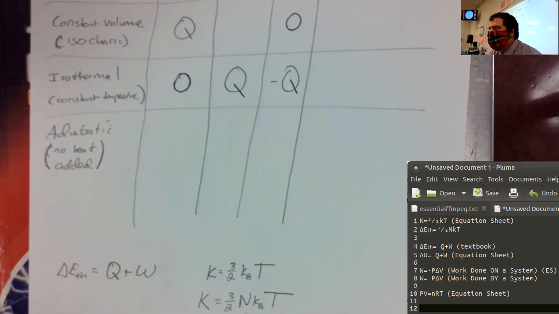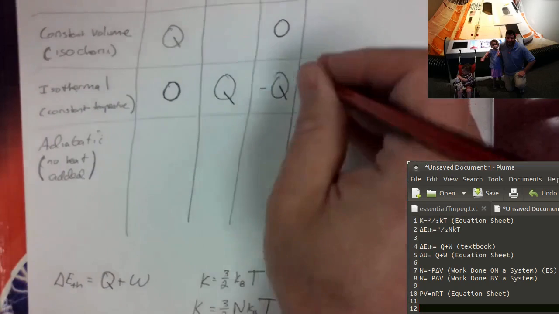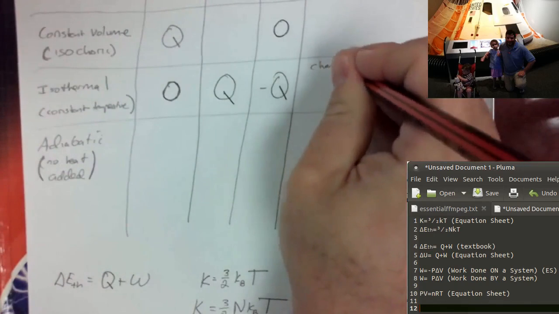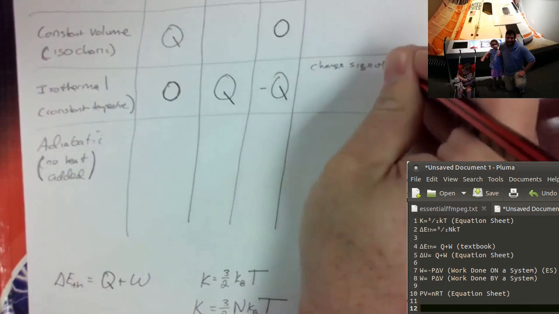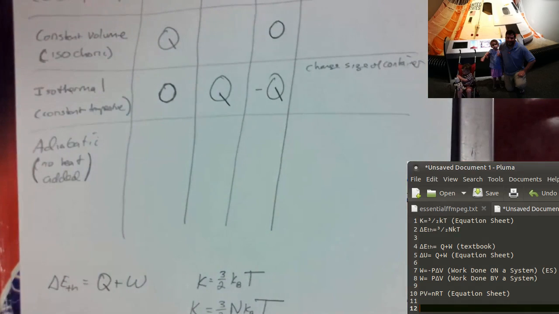Can anyone think of how you could make a system change energy in the lab without changing its temperature? Okay, so we could change the size of the container. That's definitely one thing. So that's going to be doing work because that's a delta V. Depending on whether we're compressing it or expanding it, we're doing work or work is being done.